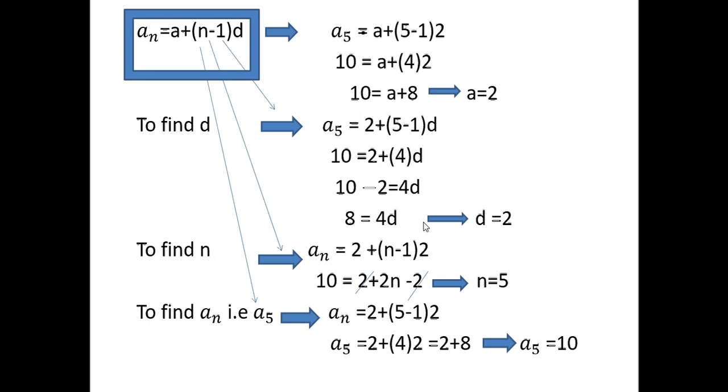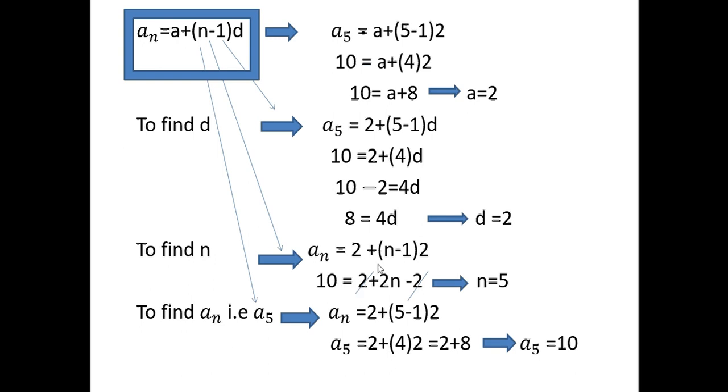Now if you want to find n, again using the same formula, an equal to a plus n minus 1 into d. Now an means last term, which is 10.